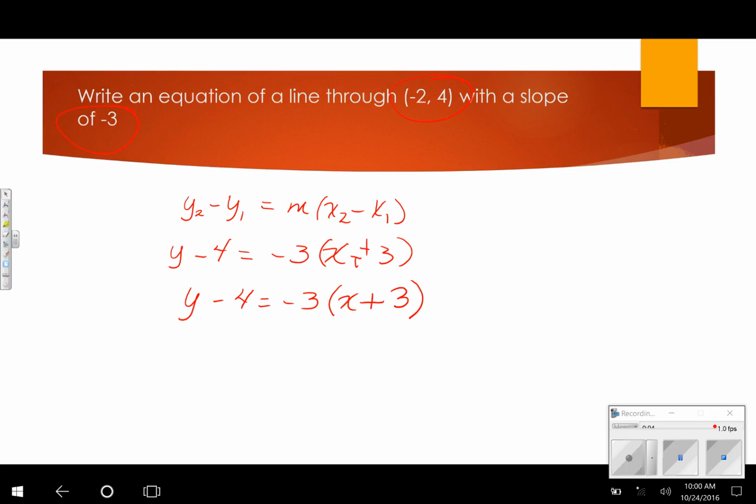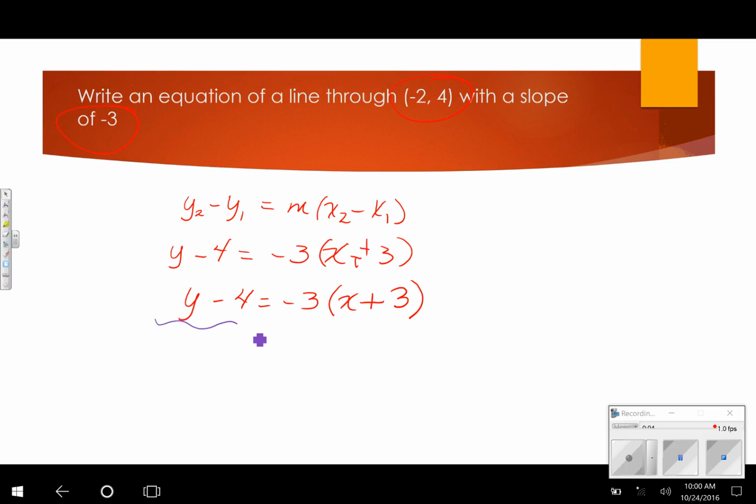Okay. Now, if you wanted to manipulate it into slope-intercept form, you could, but if I'm not asking you for a particular form, then why bother? But I am going to refresh your memory about that just in case, okay?